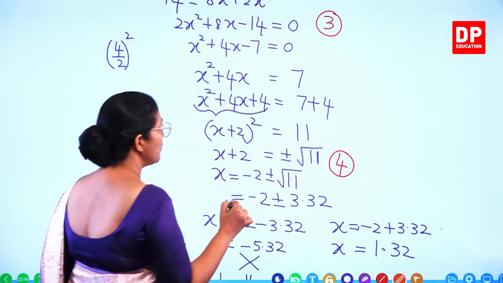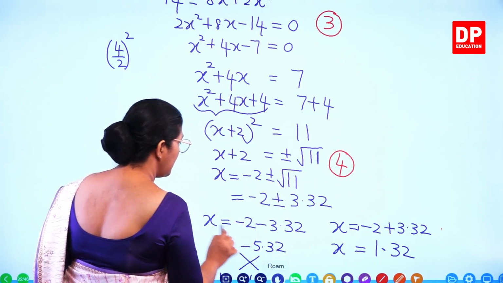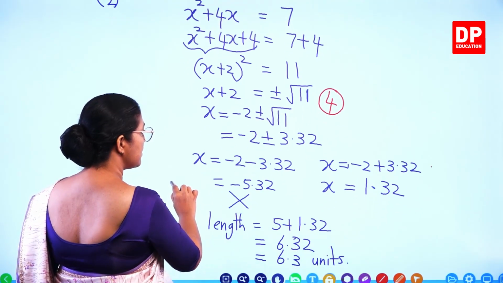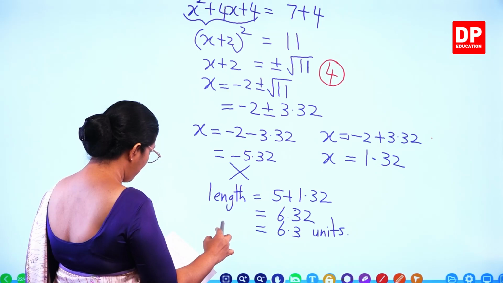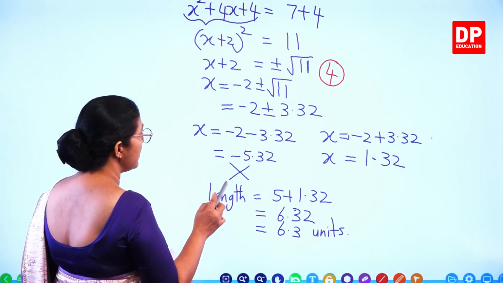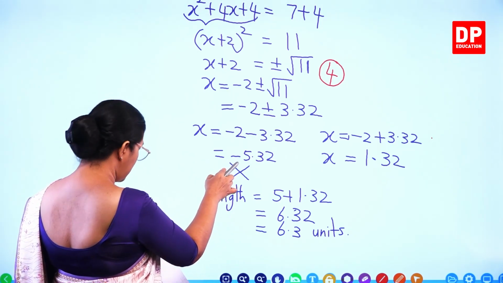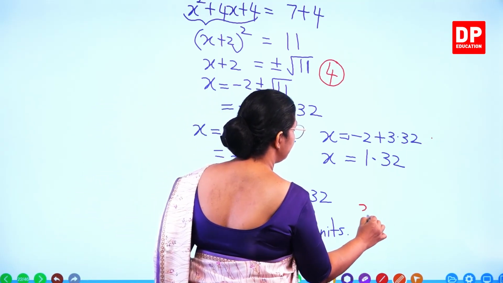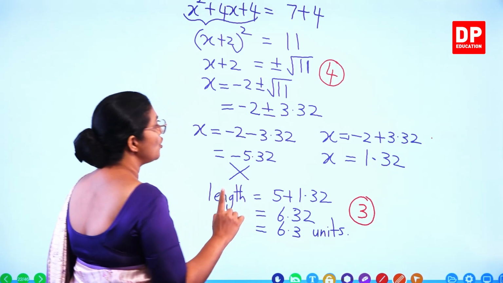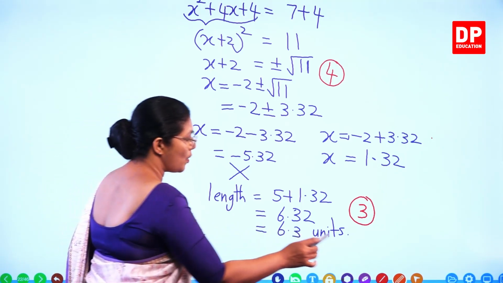Up to this point you get 4 marks, that's 7. And then finding the length of the rectangle and not taking the negative x value, you get 3 marks here. So altogether 10 marks for the question.